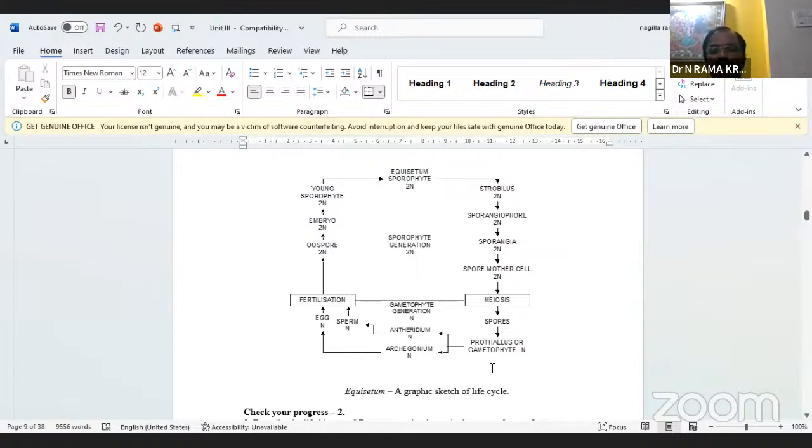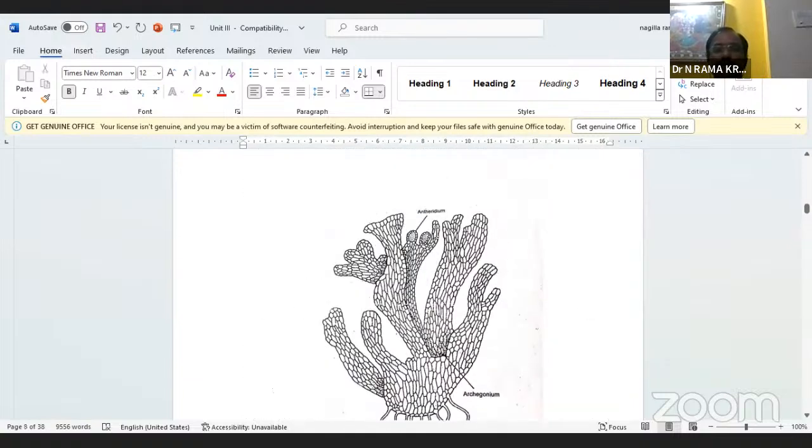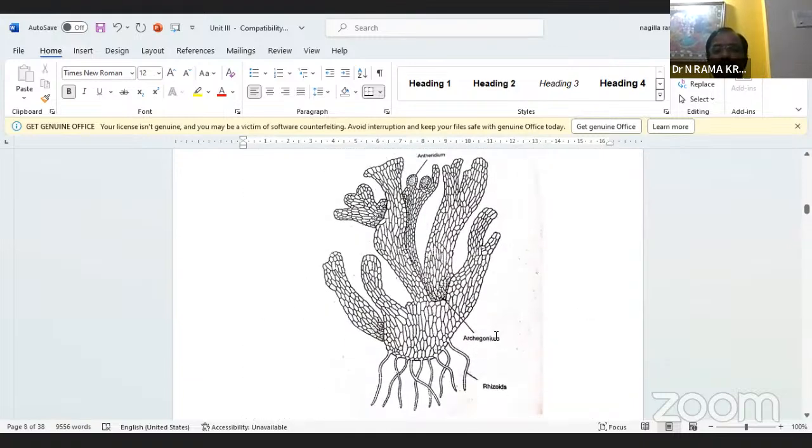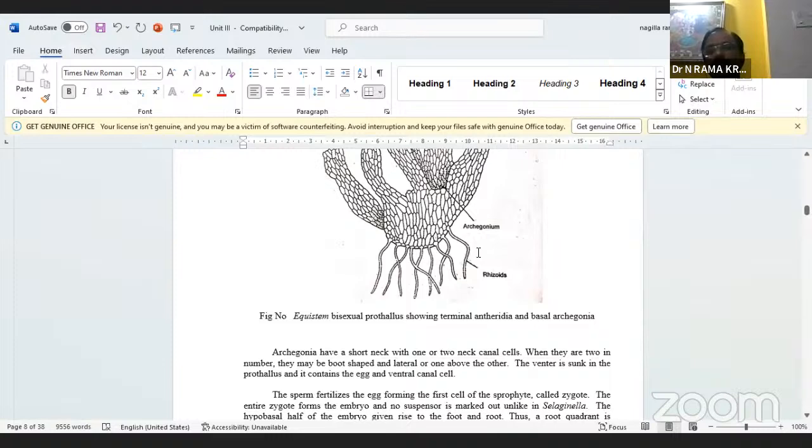From here to here, we call the sporophytic generation. After this sporophytic generation, male and female gametophytes are produced. Here are the archegonia, and here the antheridia. The antheridium is the male reproductive organ, and the archegonium is the female reproductive organ.